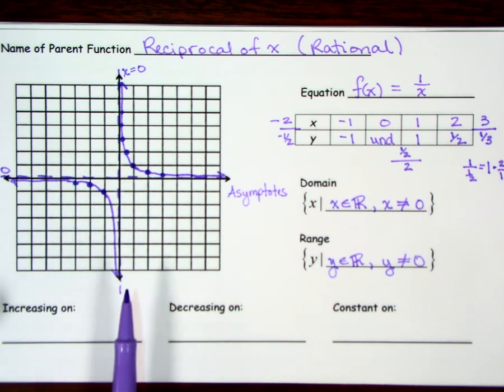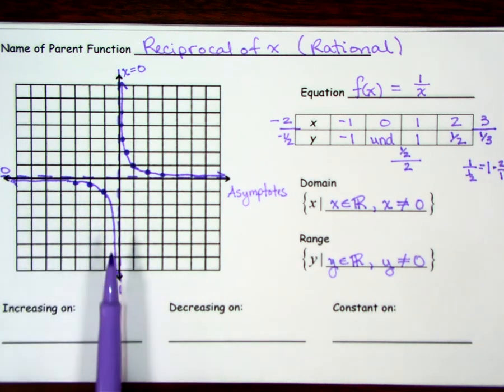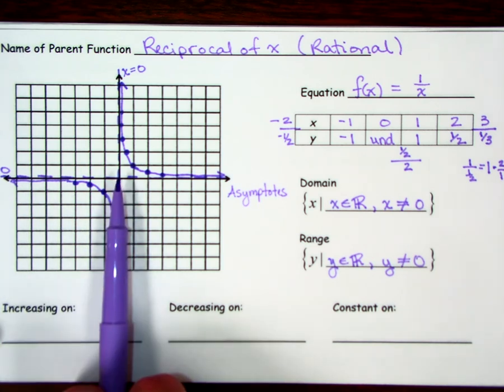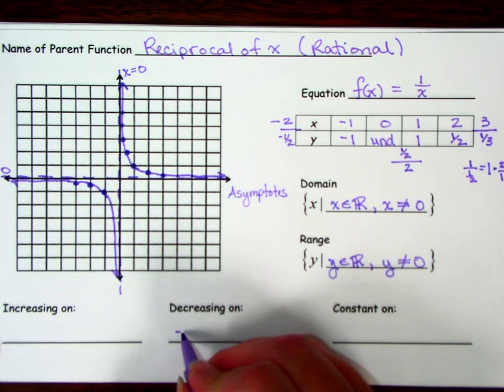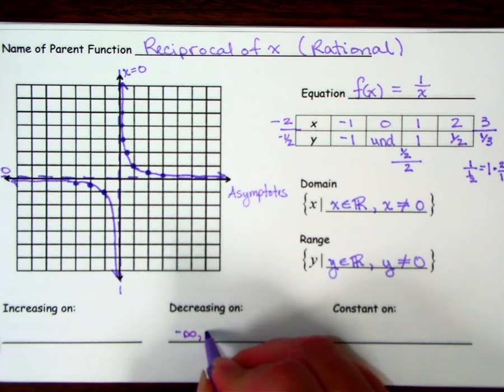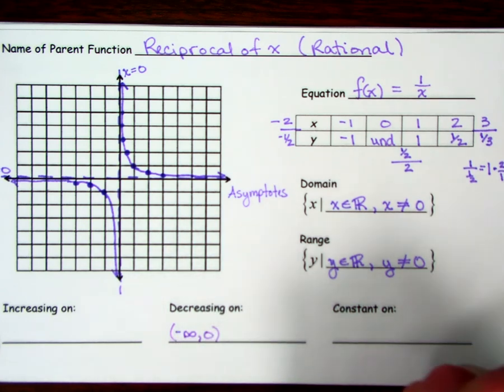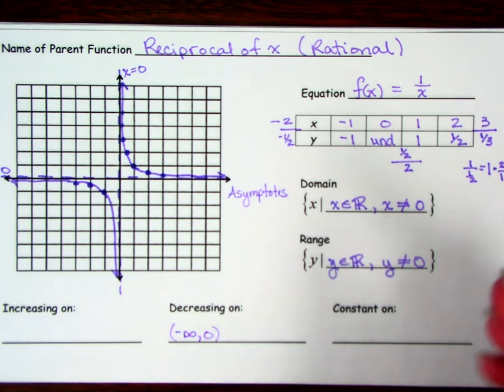And then it goes downward very, very quickly as the x's get closer to 0. So it was decreasing for all of this from negative infinity all the way up to an x value of 0. So I'd say it's decreasing from negative infinity to 0. I use parentheses on both sides there because it tells me that it's this interval of x's from negative infinity to 0.